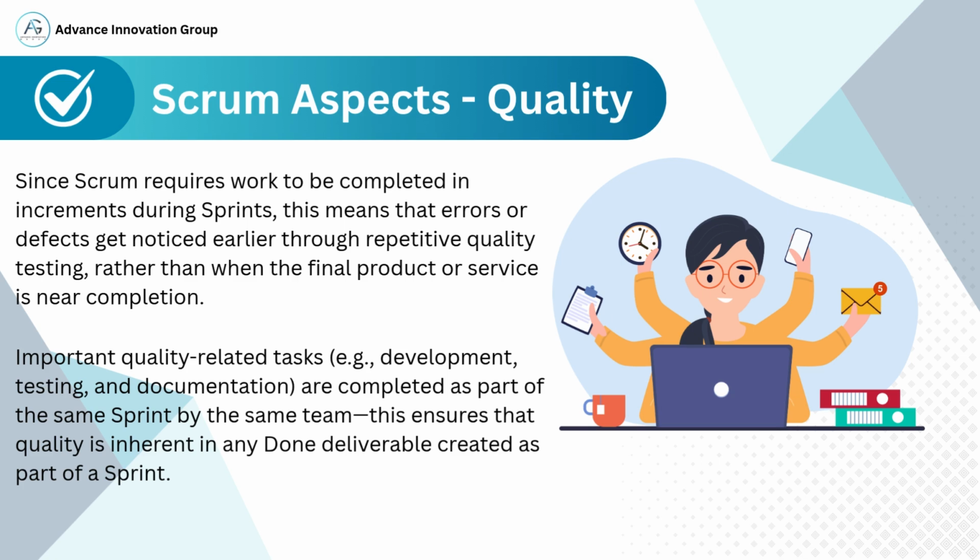Another key point is that all critical quality-related activities, like development, testing, and documentation, are done by the same team within the same sprint. This means that any deliverable marked as done already meets the required quality standards, as quality is built into the product from the start, not added at the end.